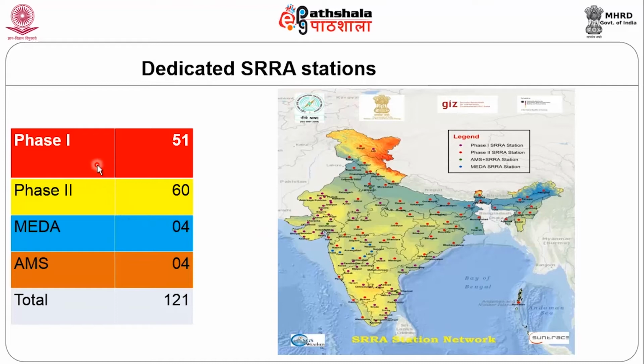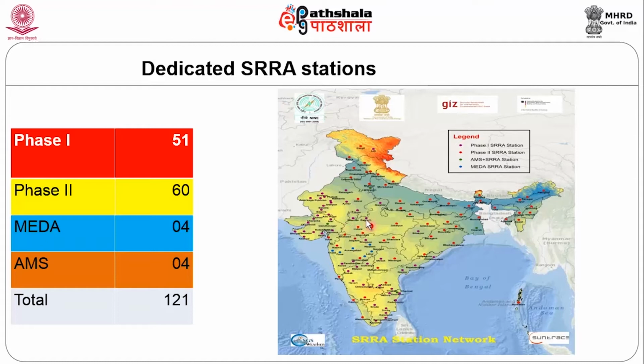In Phase 1, initially 51 stations were created. In Phase 2, again 60 stations were created. MEDA, slightly advanced stations, 4 have been created, and AMS, further advanced meteorological stations, again 4 were created. Totally we have 121 stations in the country.